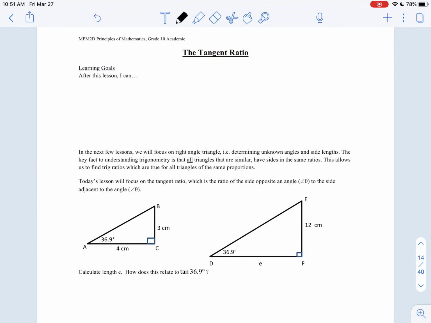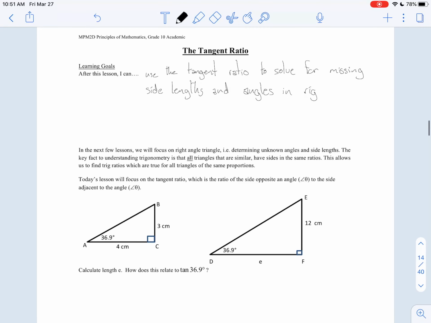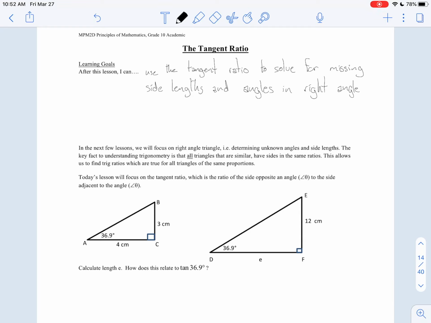So, learning goal for today: after today's lesson, I can use the tangent ratio to solve for missing side lengths and angles in right angle triangles.